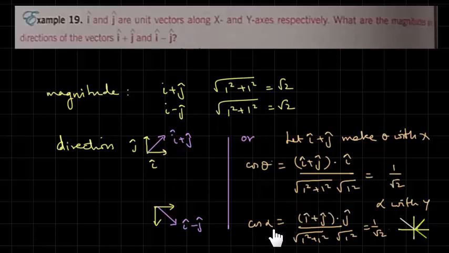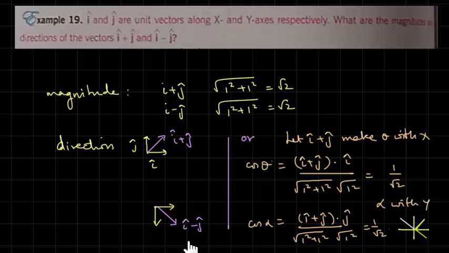Now again cos alpha, which is the angle it makes with the positive y-axis, we calculate that, and that also comes out to be 1 by root 2. So with positive y-axis also it has to make an angle of 45 degrees. So only the center one will satisfy both the conditions, where it has to make 45 degrees with the x-axis as well as the positive y-axis. So the eventual direction of i plus j will be northeast.